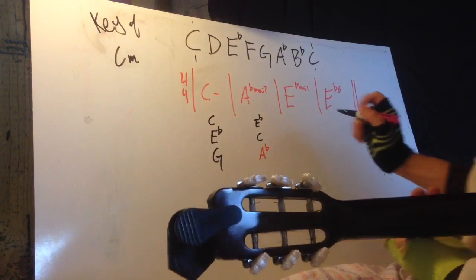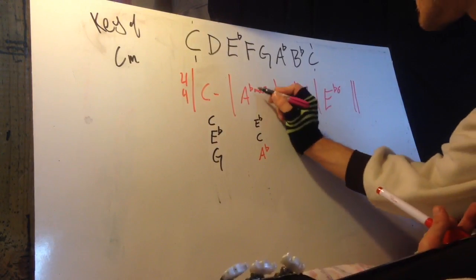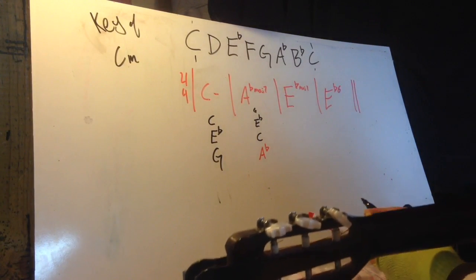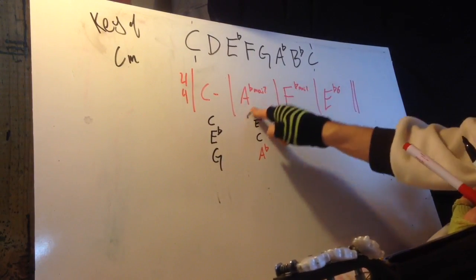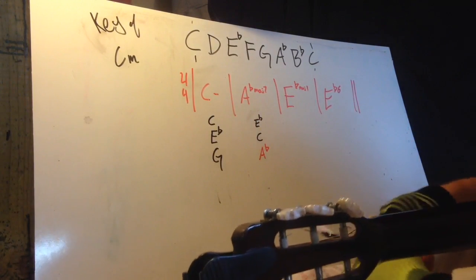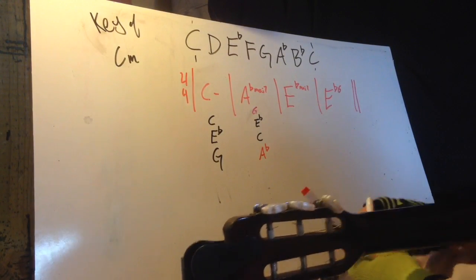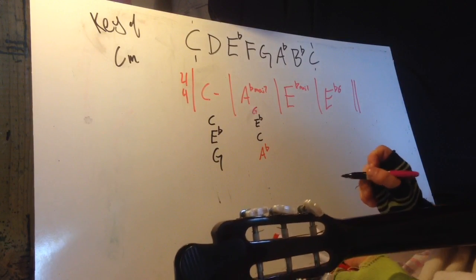And then in E flat major, oh, and then there's the G as well, in the major 7th. I'm going to put that in this color, because that's an extension. You can mess around with extensions, no problem, no worries.